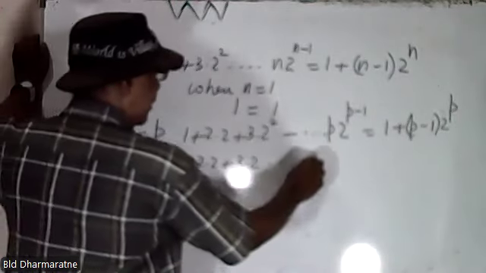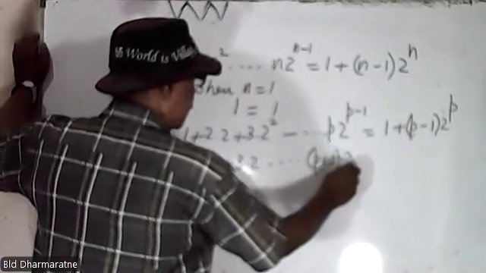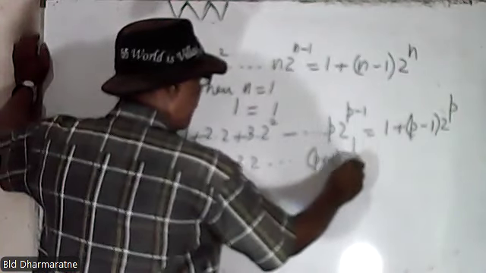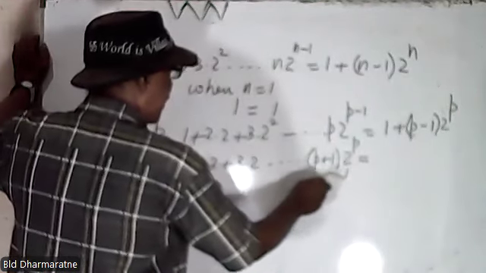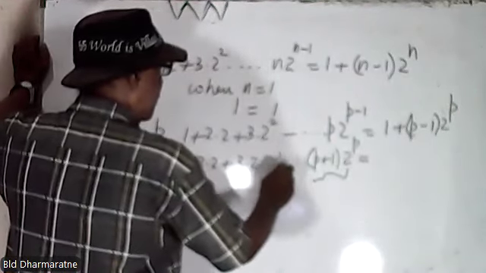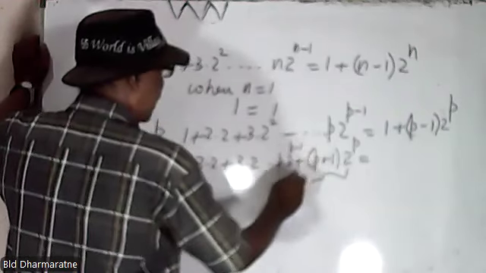It is p plus 1 times 2 to the power p. This is the additional term. Here I have p times 2 to the power p minus 1 as the additional term.